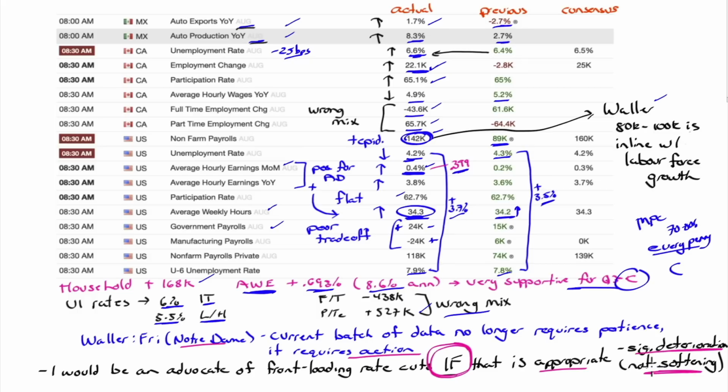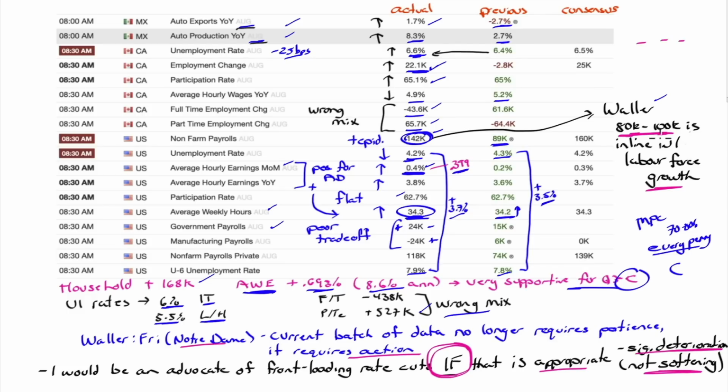So if there's some softening in the labor force, that is not appropriate based on the sentence that he said. And he did go on to say 80 to 100,000 is in line with labor force growth. He said we're used to seeing these high numbers because of the post-pandemic hiring, but if you look long-term, 80 to 100 is in line.